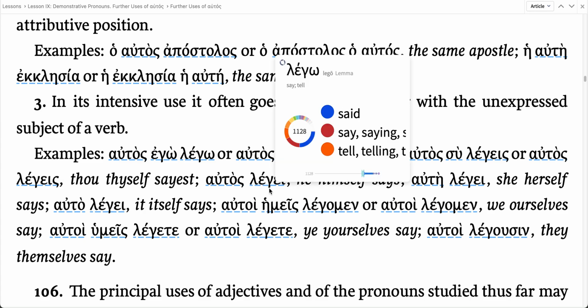So you can have autos show up by itself, autos with a noun in the predicate position, autos with a noun in the attributive position. And here you can have autos showing up in front of a verb, or the expressed pronoun that's attached to a verb. Okay?